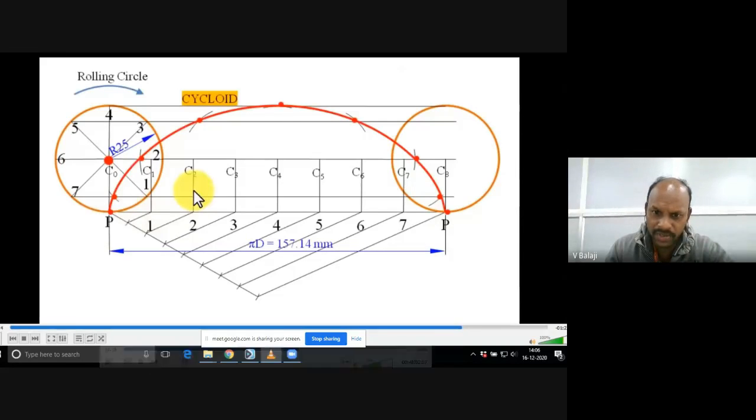Now we are left with normal and tangent. In the problem it is mentioned that the point is 40 mm from the ground. The PP line is the ground.